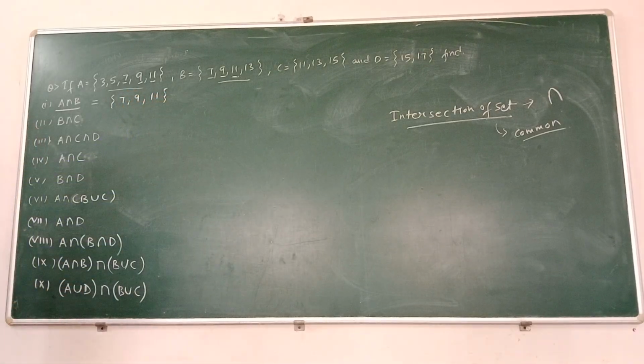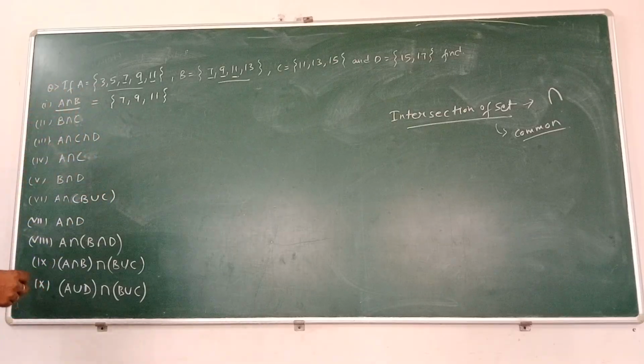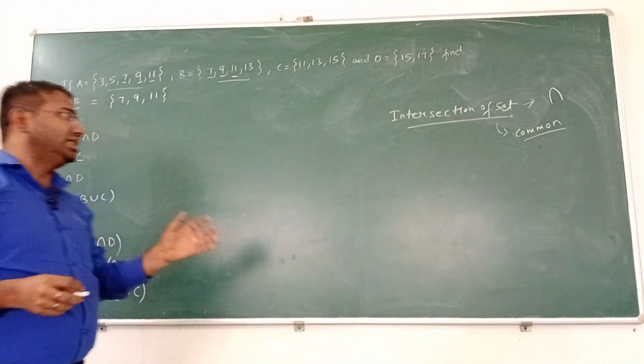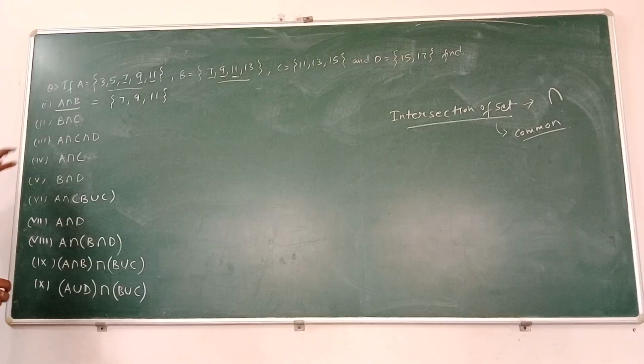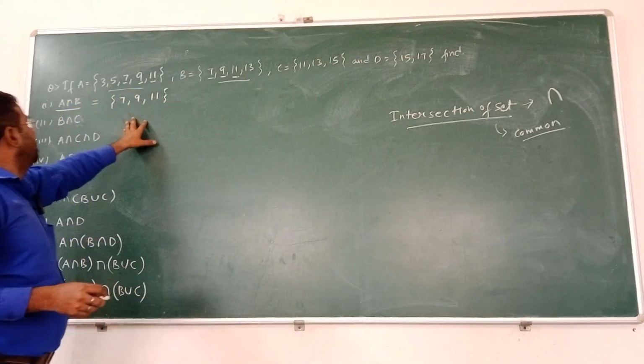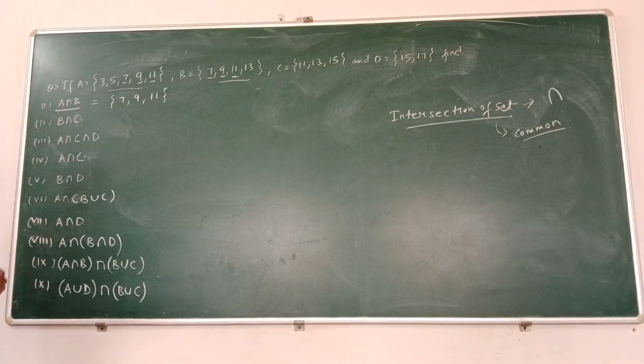So 7, 9, 11 will be the intersection of A and B.